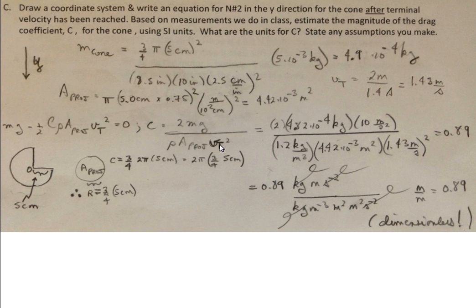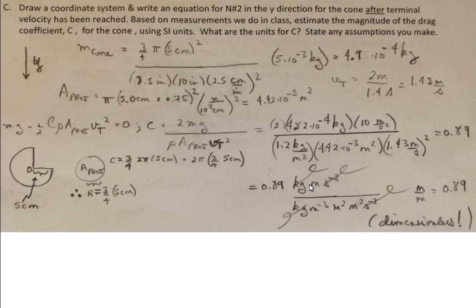v sub t squared. When we did the experiment in class, v sub t was estimated to be 2 meters divided by 1.4 seconds, which is 1.43 meters per second. So we can put that in for this, and what we get is big C is 0.89.